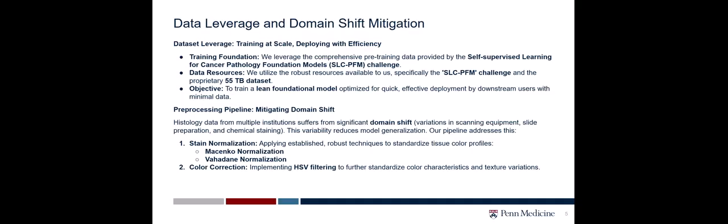To mitigate this, we apply robust stain normalization strategies to align color profiles across samples. We then add an additional layer of color correction through HSV filtering to stabilize texture and color variations. This combination allows us to train at massive scale but deliver a compact, consistent, and highly deployable model.